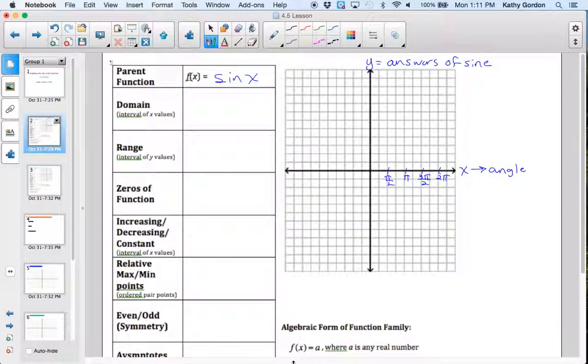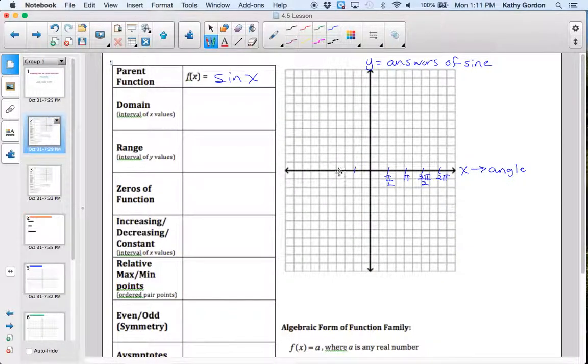Okay? That space that it takes, and we're going to come back and talk about this a little bit more in a second, but that space, that number of radians it takes to get through one full pattern is called a period. And a lot of times when you're asked to graph these, you are asked to graph 2 full periods. So, from 0 to positive 2 pi will give me 1.